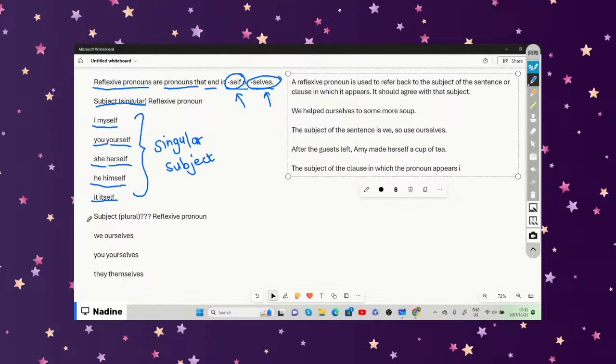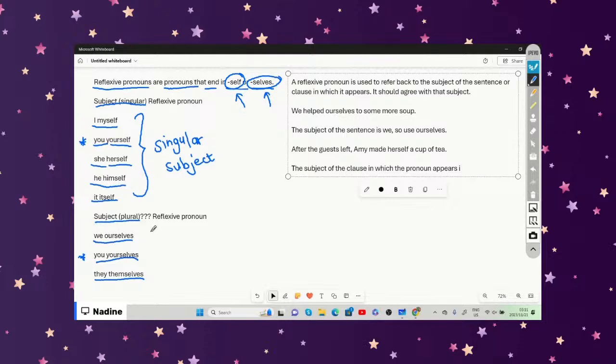Then we have our plural subjects, right? It's in a plural form. It's like we are talking about we. We are doing that, right? Ourselves. We will do it ourselves. And as you can see, you can refer to either singular or plural form: you yourself or you yourselves, and they themselves.